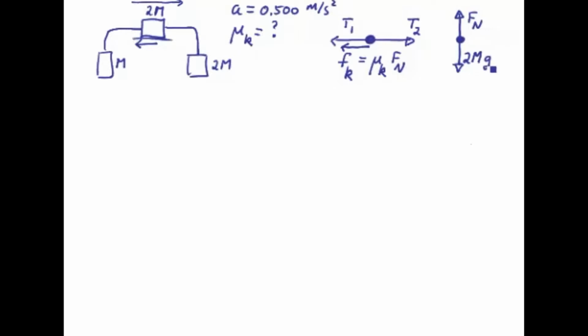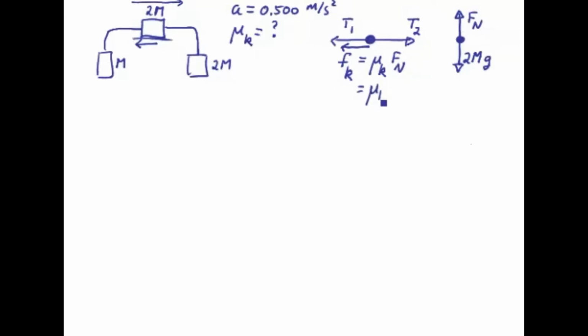And then we have, of course, mg acting downwards. The actual mass is 2m, so it's just 2mg. Now we know that the block isn't moving up or down. It's only moving left and right in the x-axis. So Fn must equal 2mg. So those are the y components.